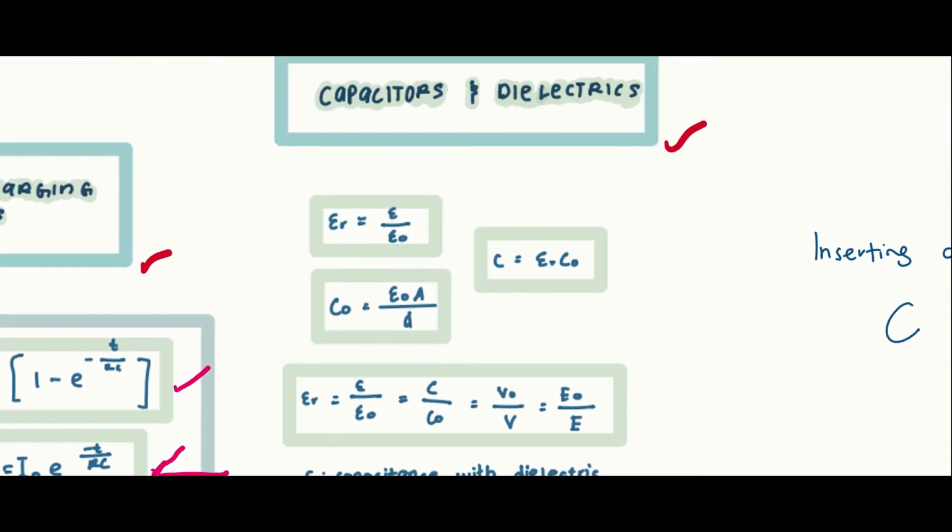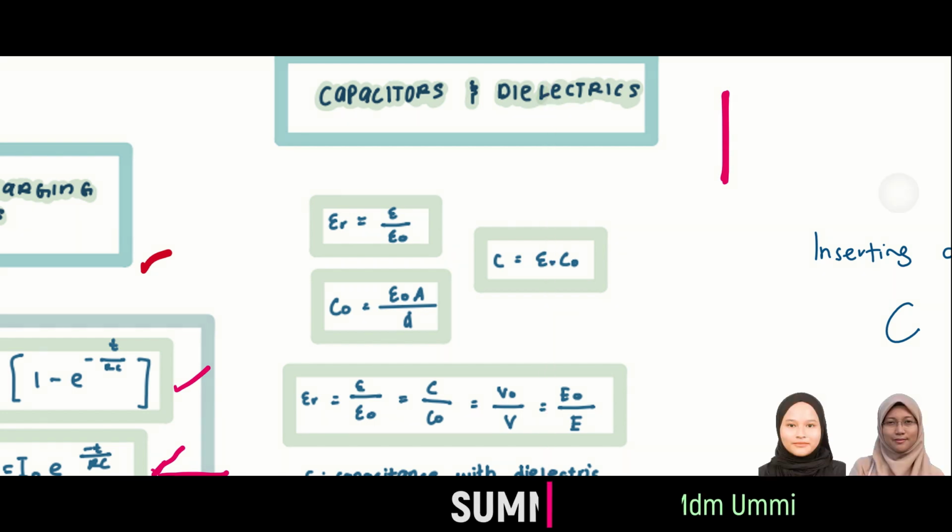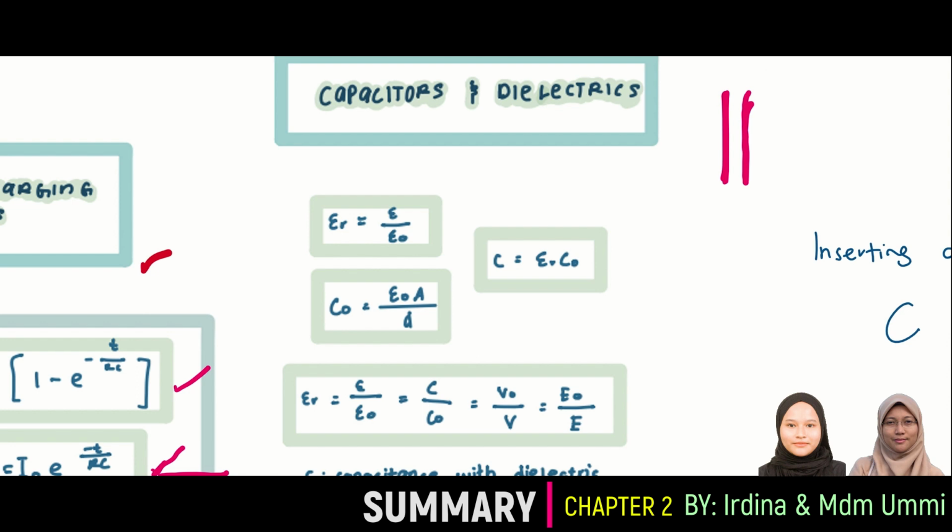For the last subtopic of chapter 2, we have capacitors and dielectrics. Originally you have a capacitor, with the symbol of two plates, and it is an air-filled capacitor. In between these two plates, it is filled with air.